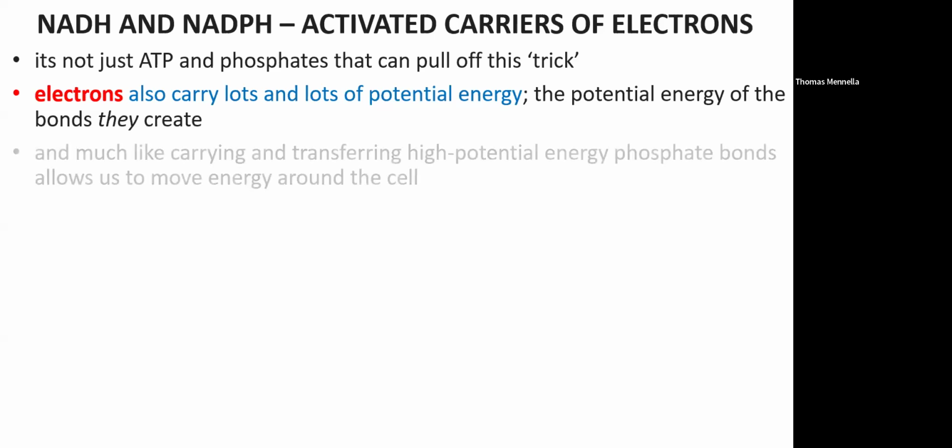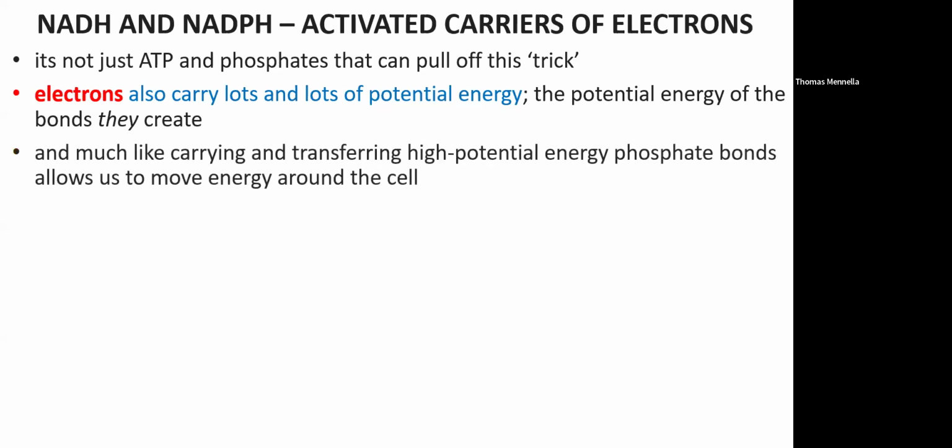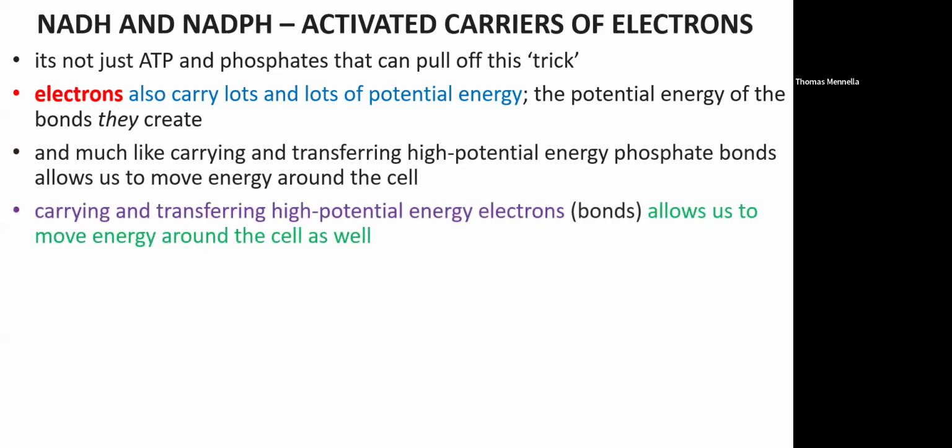And so by moving and carrying electrons around the cell, we can move and carry energy, just like we did with the high energy phosphate bonds we talked about a moment ago. Carrying and transferring high potential energy electrons by using those electrons to make new high energy bonds allows us to move energy around the cell just as efficiently as ATP does.